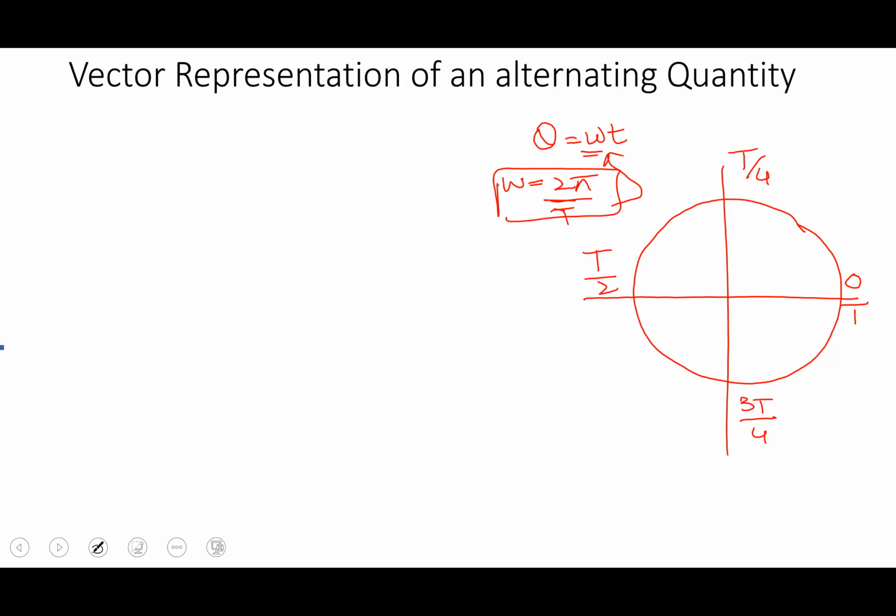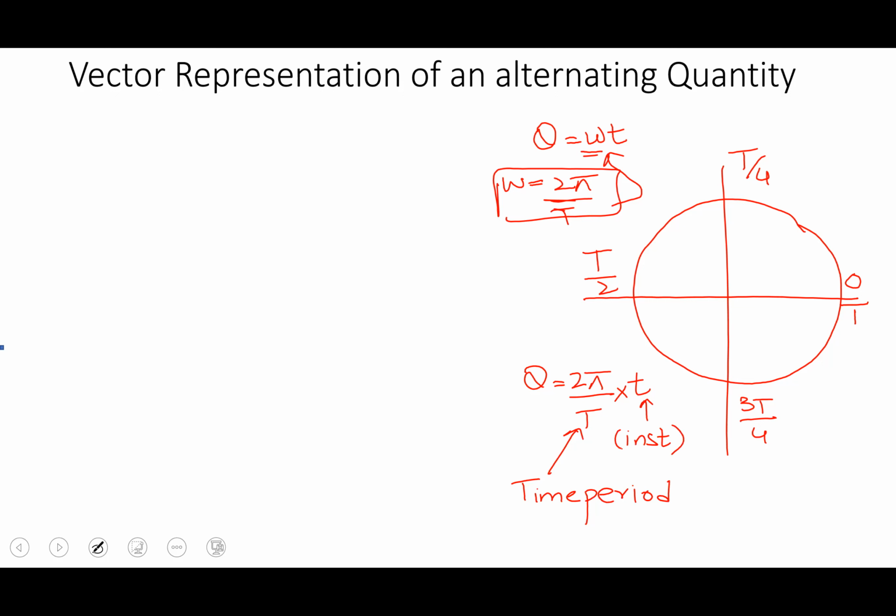We get theta is equal to 2 pi over T multiplied by small t, where this capital T is representing the time period of that coil, and this small t is representing the time at any instant, or we can say the instantaneous time.